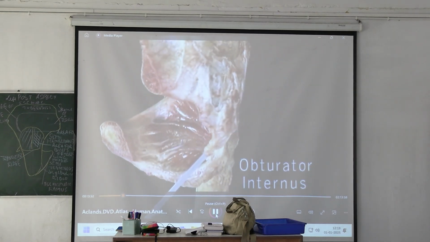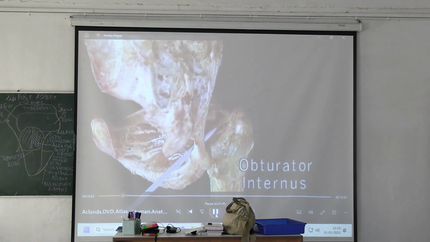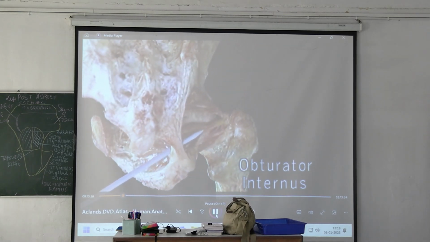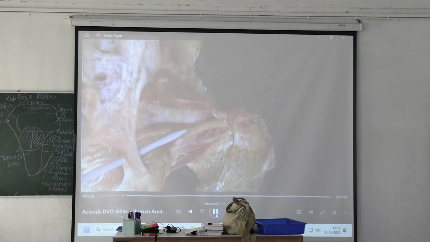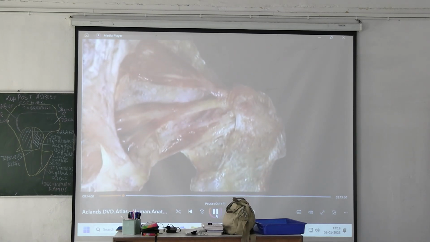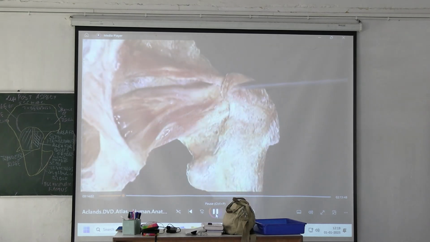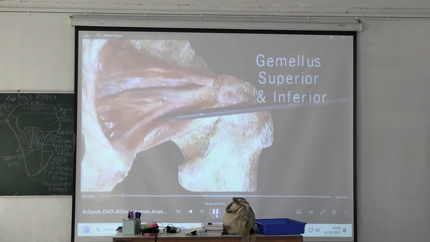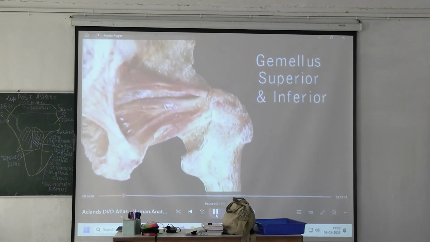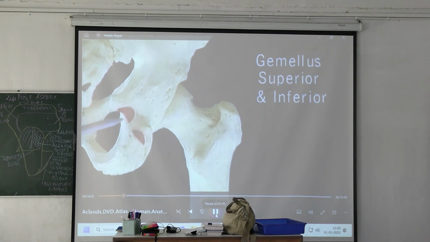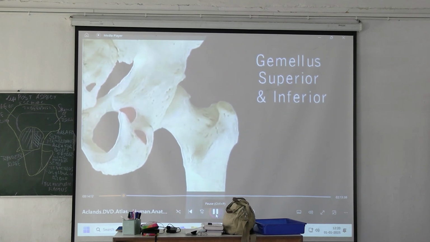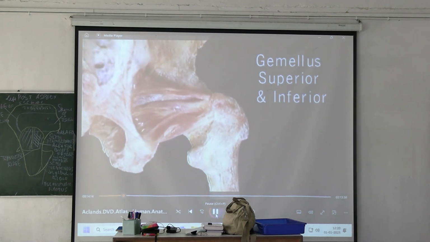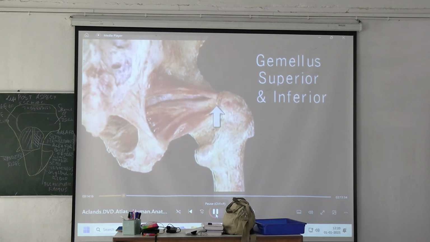As it passes around the back of the ischium, obturator internus makes a 90-degree turn. As it makes the turn, it's joined above and below by these 2 little muscles, a superior and an inferior gemellus. They arise from the ischium here and here. Along with obturator internus, they're inserted vertically.